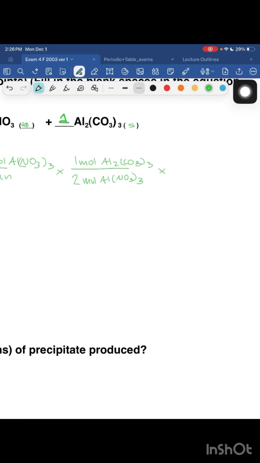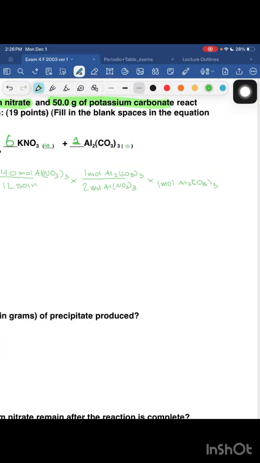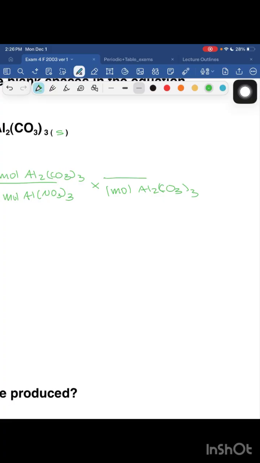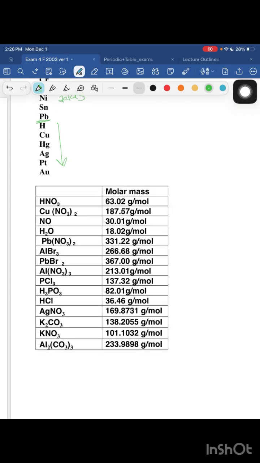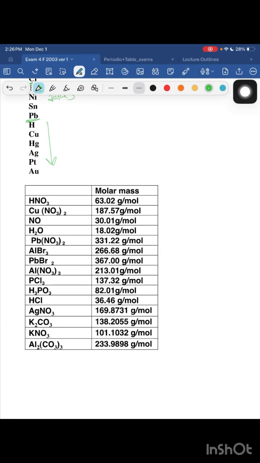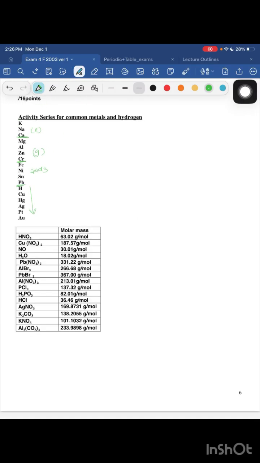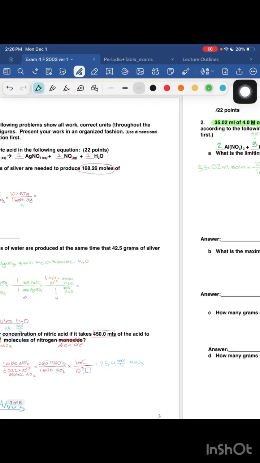So for every 1 mole of Al2CO3, I think it gives it to us here. Aluminum carbonate, 223.9898, beautiful.